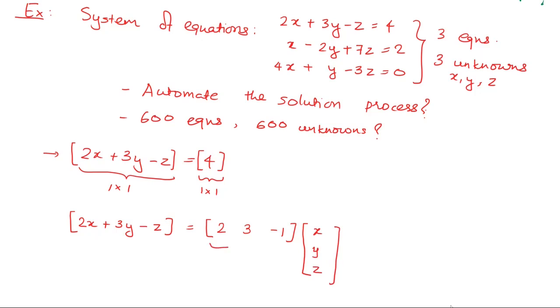As you can see, the size of this row vector is 1 by 3, and the size of this column vector is 3 by 1. Hence, the resulting matrix will be of dimension 1 by 1, which agrees with our previous statement. Okay. Similarly, we can derive such formulation for the rest of the equations as well.